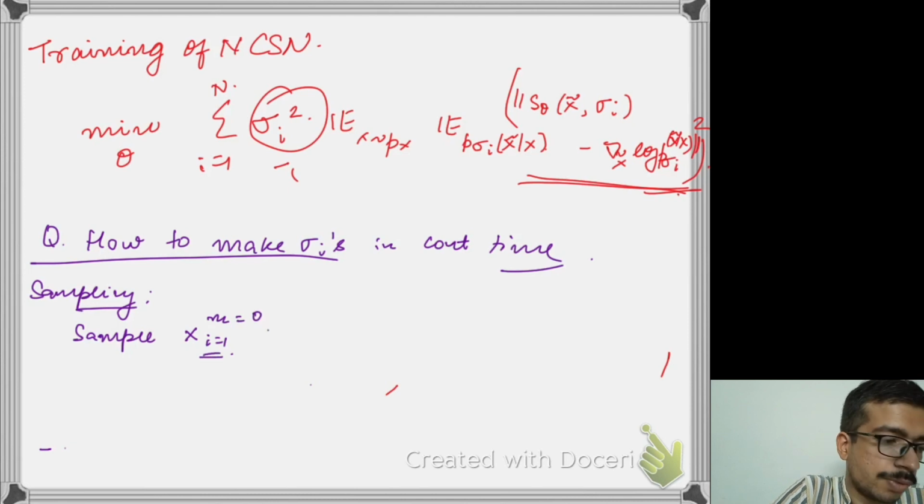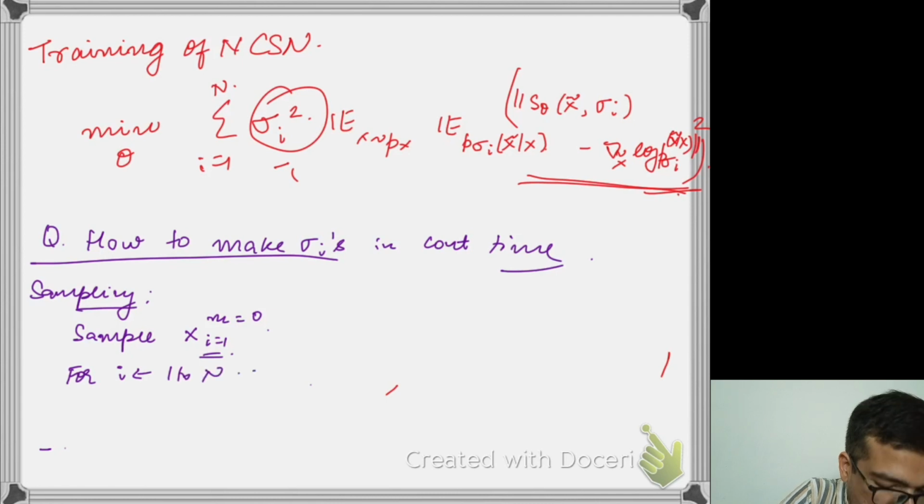Essentially I is the variance term. Initially we will be sampling from high variance, and as I goes from 1 to n, for each I we are going to get capital M samples, so for m going from 1 up to capital M.